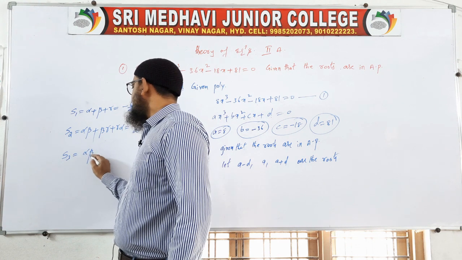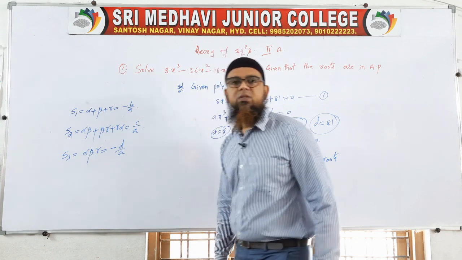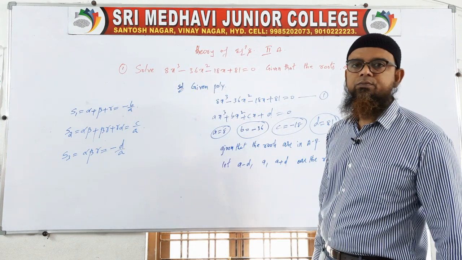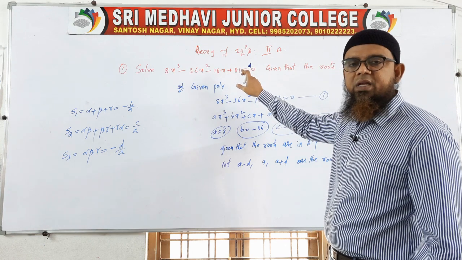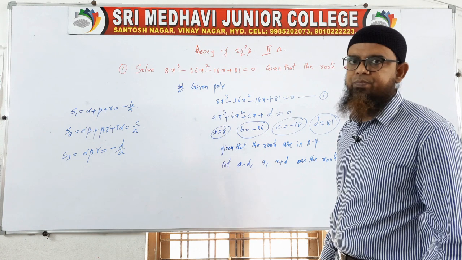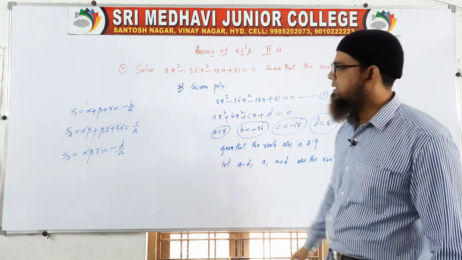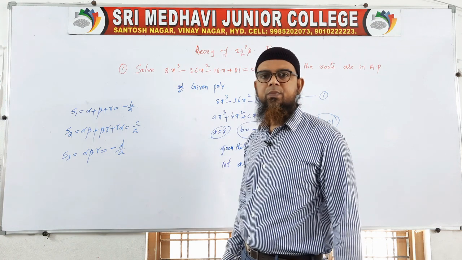S3 formula is alpha beta gamma is equal to minus d by a. These are the 3 formulas. Whenever you get a cubic polynomial, usually we take roots as alpha, beta, gamma, and at that time we write these 3 formulas.